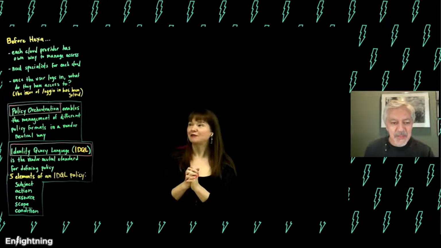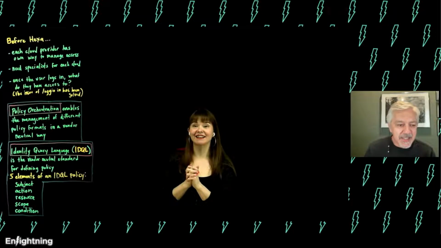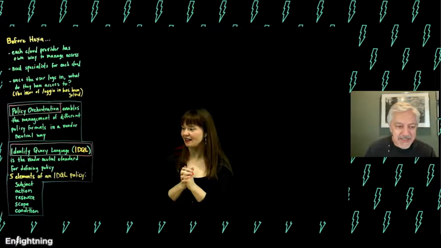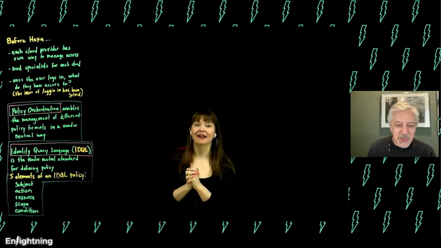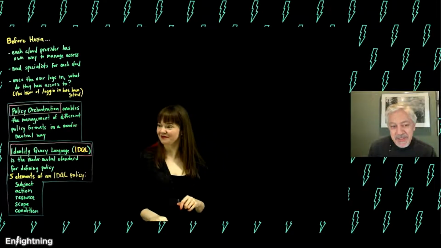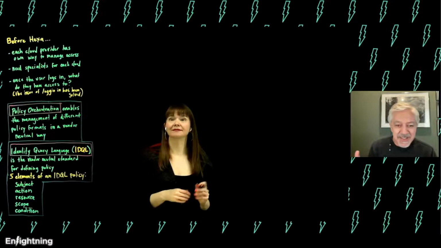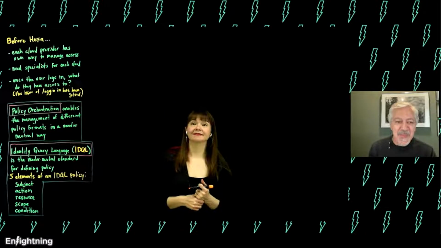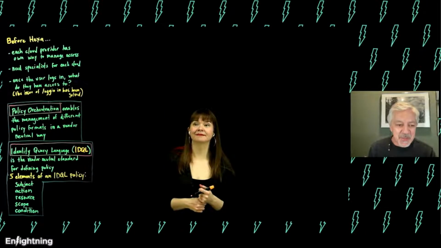Cool. So now are we on to Hexa? Yes, we are, because this is the building block. IDQL is the building block. It's the neutral format that we use. Here's a neutral format; we could just publish it and say to the world, go out and adopt this. But we tend to be more like show rather than just tell about something. Yes.